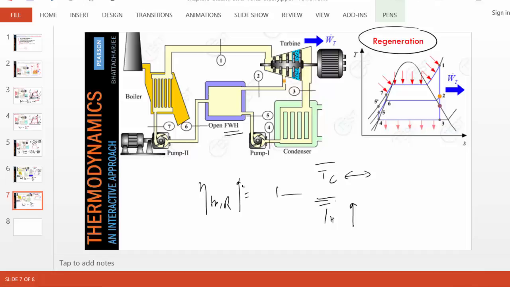So we'll stop here and solve a detailed problem involving an open feed water heater, and that will bring out the meaning together. And we'll also do a parametric study: if we have an open feed water heater, we'll see how much the efficiency increases and if there is any impact on the net work of the cycle.